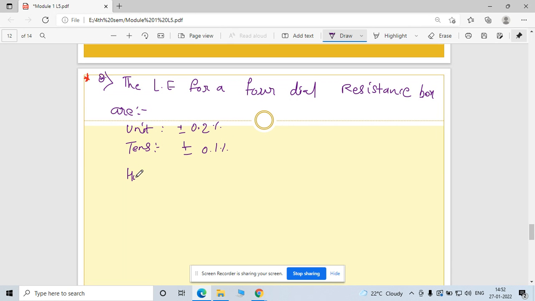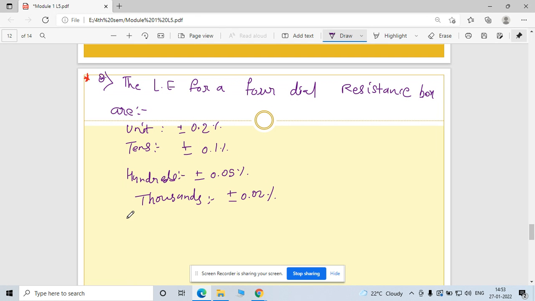For the 100 place, plus minus 0.05 percent. For the 1000 place, plus minus 0.02%.